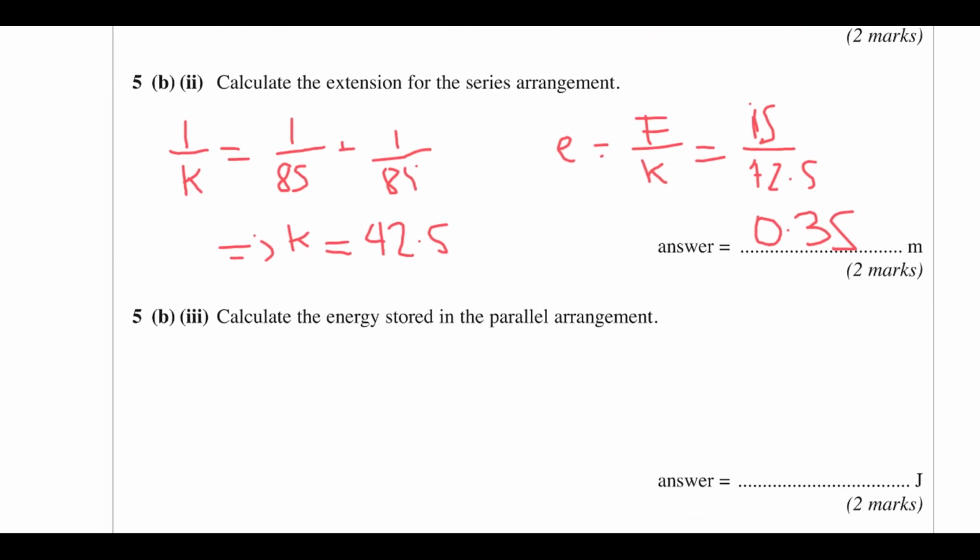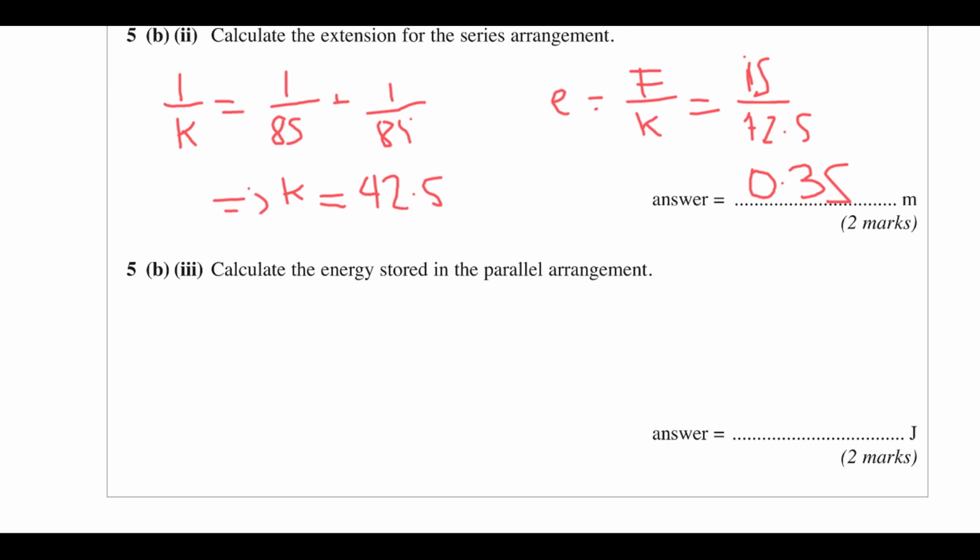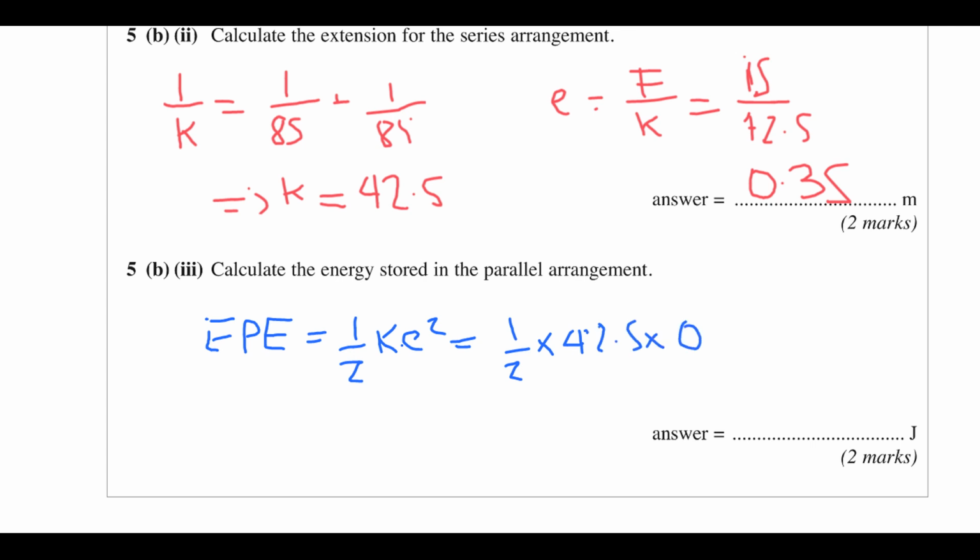Calculate the energy stored in the parallel arrangement. So the work done to stretch it, and we're going to assume there's no energy loss, so therefore the elastic potential energy is half K extension squared, so it's half times 42.5 times 0.3529 squared, and that comes out as... oh no, I'm being a wally.